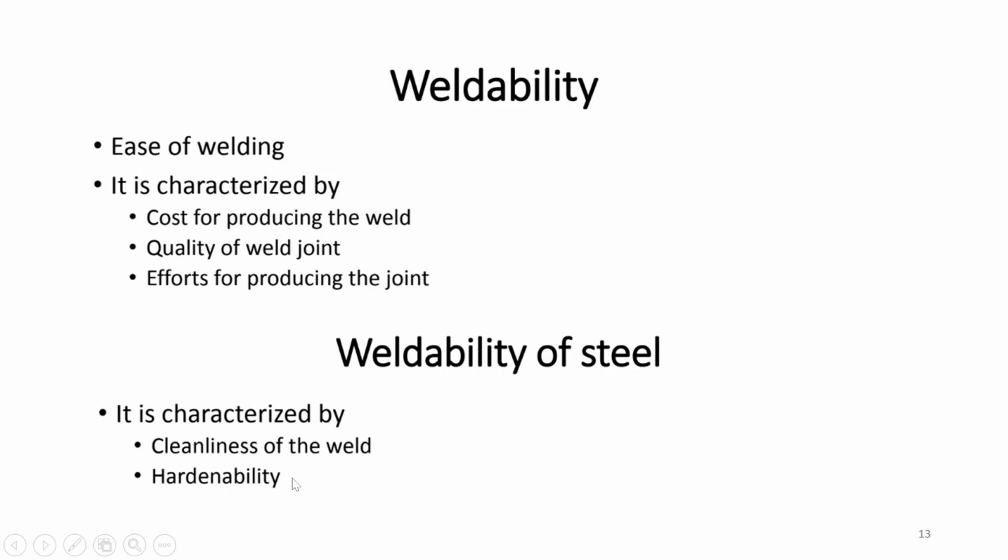If your material is very hardenable, it is more likely to create martensite in that particular part where you are performing welding. If it is forming martensite, then there will be non-uniformity in the strength across the cross section. So that's why hardenability also plays an important role in weldability.